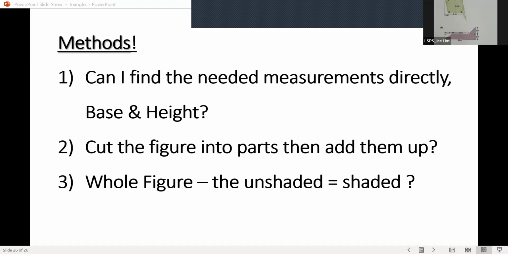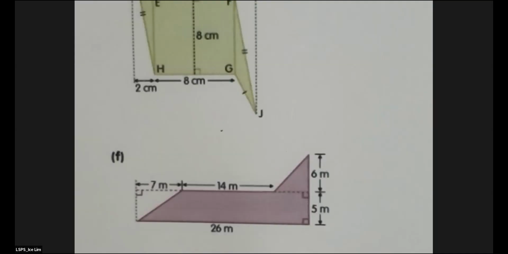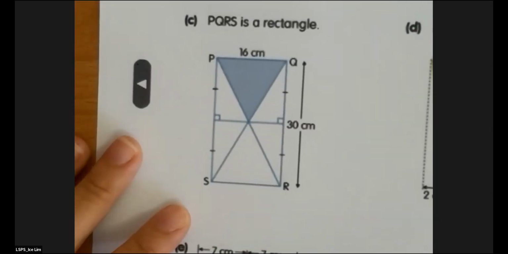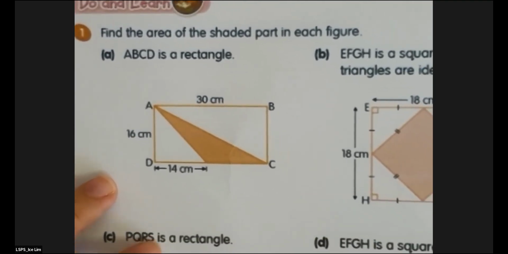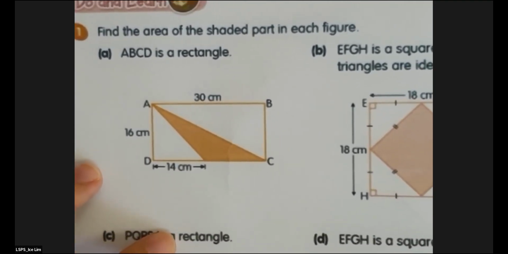I can consider cutting the shape up into parts and add them up, like part whole. And number 3, use the big whole figure minus the unshaded part to get the shaded. Can you remember these 3 methods? So these are the summarized 3 main methods to help you solve all problems related to this chapter on geometry, areas of triangles, and related figures.